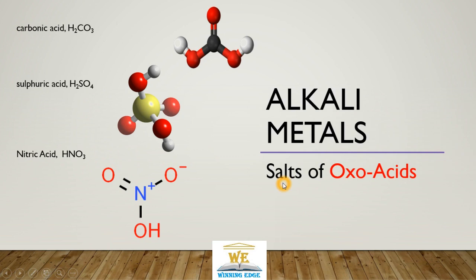Another important chemical property of alkali metals is salts of oxo-acids. These are either carbonic acid, sulfuric acid, nitric acid. These are the acids that make oxo salts.